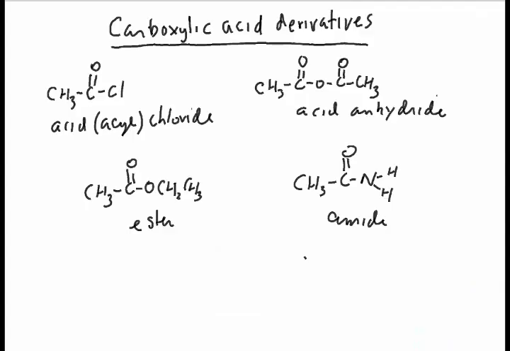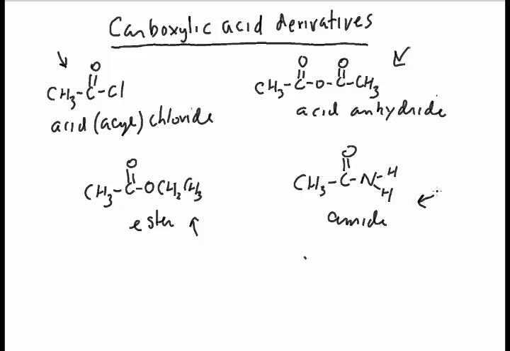Okay, before I go any further, I want to step aside and explain more what I mean when I speak of carboxylic acid derivatives. There are mainly these 4 that we're going to look at: the acid or acyl chloride, the acid anhydride, the ester, and the amide.